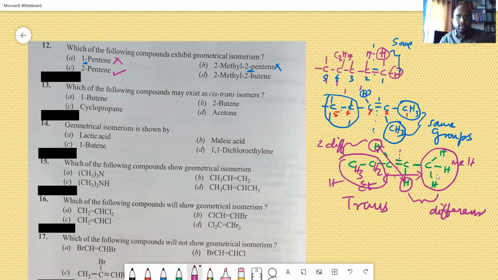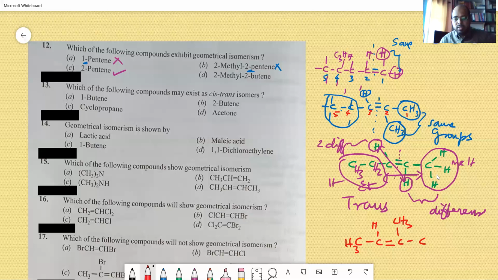Look at the fourth one, 2-methyl-2-butene. Butene means you put 4, 1, 2, 3, 4. The second one is having a double bond, and also the second carbon is having a CH3 group there. Now satisfy this H3C. Here you will have 1 H, and all are satisfied.